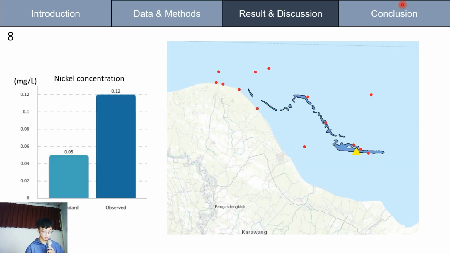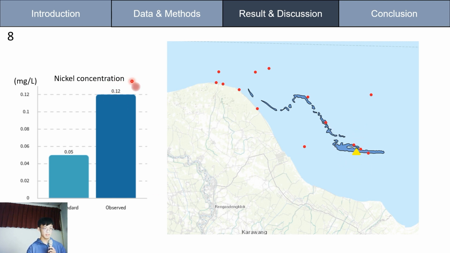Among all the water quality indicators, nickel showed the most significant value. The study found that near the center of the oil spill, the nickel concentration reached 0.12 milligrams per liter.